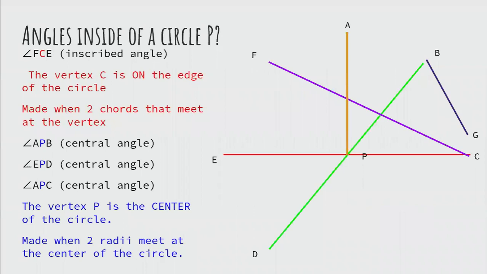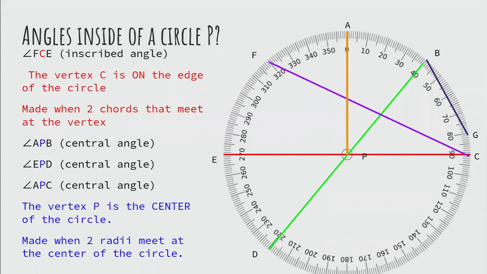All right, so we talked about angles inside of our circle. Remember, this is circle P because the letter P is the letter at the center of the circle. Whatever letter is at the center of the circle also names the circle. Somebody pointed out angle FCE.